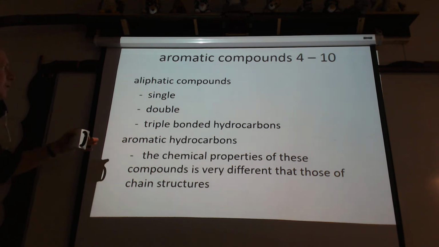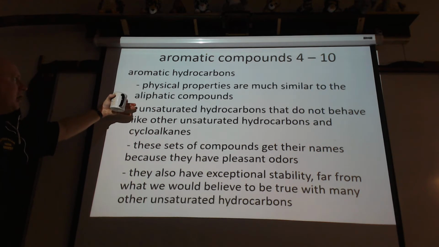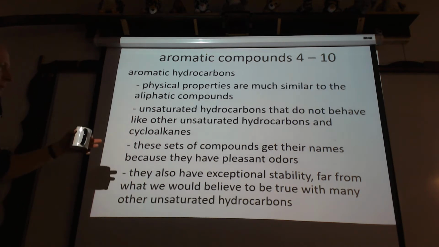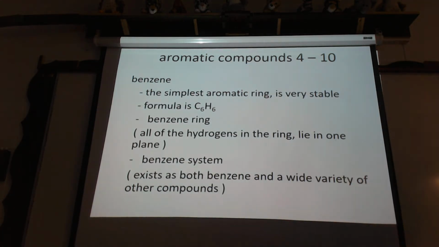So these do not need a catalyst, but when we look at aromatic compounds, they have alternating double bonds in them. But this is another exception to the rule. These are highly, highly stable, and they have to have a catalyst in order to react.